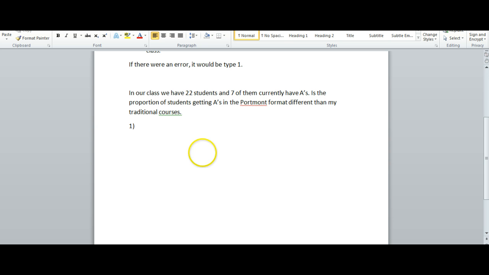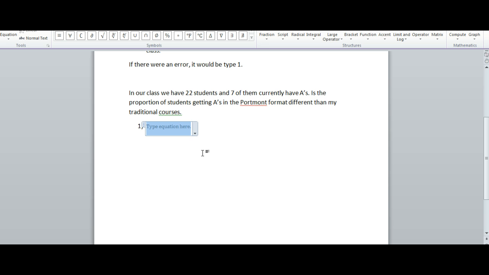What we're going to do in this case is start off another hypothesis test, and this time my null hypothesis, H sub 0, is going to say the two proportions are the same. Our assumption is that they are close to each other: P sub 1 equals P sub 2.